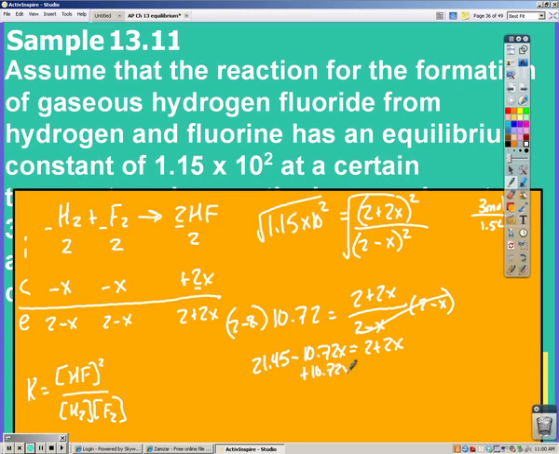So I'm going to add 10.72x to each side, subtract 2 from each side, so I get 19.45 is equal to 12.72x. So x is equal to 1.53.